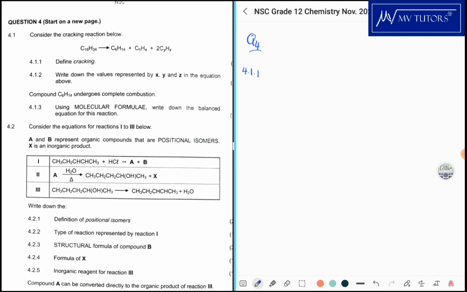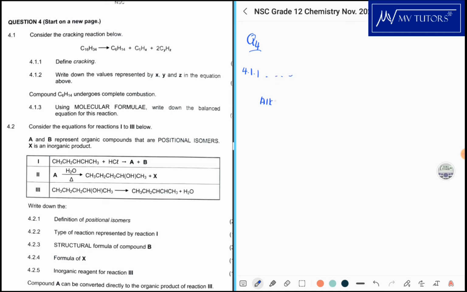So basically cracking is when you have a large saturated hydrocarbon that is broken down into smaller, more useful, unsaturated molecules. All right, so when you crack a saturated hydrocarbon, meaning you're going from an alkane, you have written your definition.